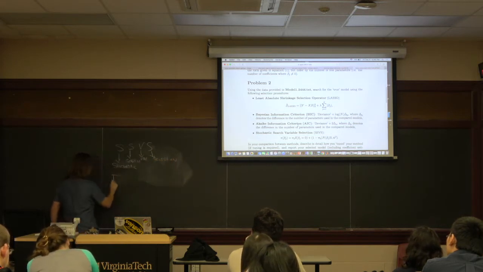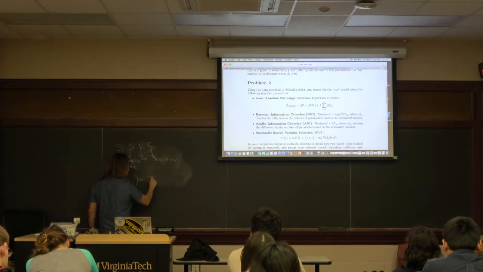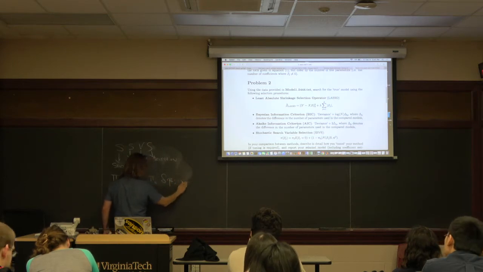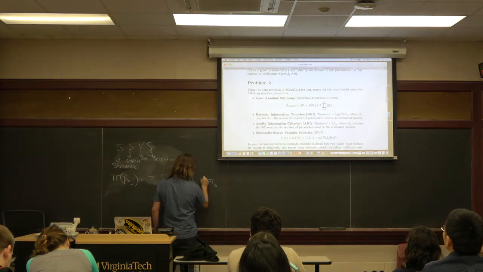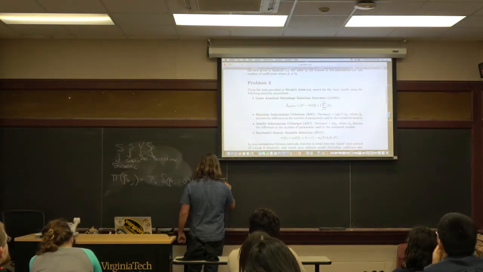That's just the thing where you're running MCMC and you're using these point mass priors. So beta J is equal to 0 plus some amount of alternative mass on it being something different.